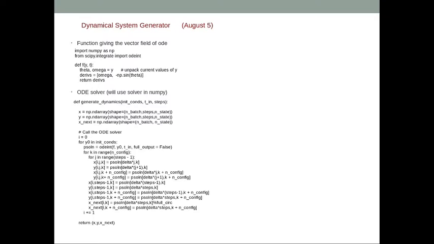So in order to maintain continuity of the trajectory, we save the final output of the ODE solver and use it as an initial condition for the next chunk.